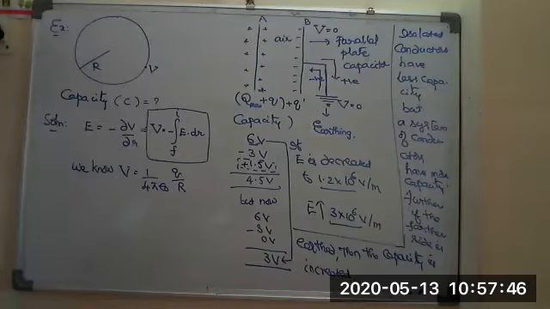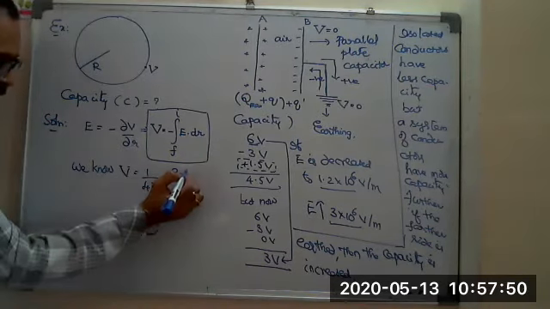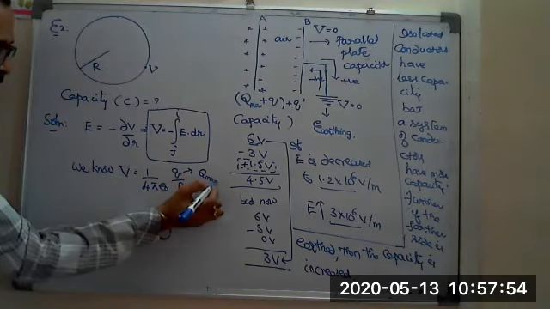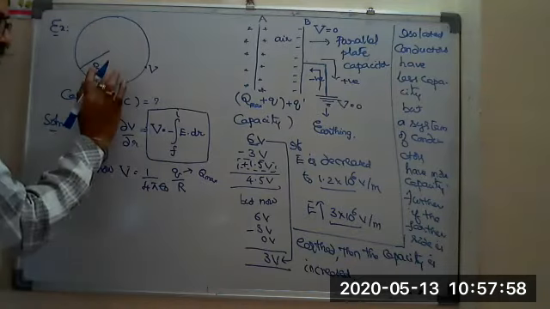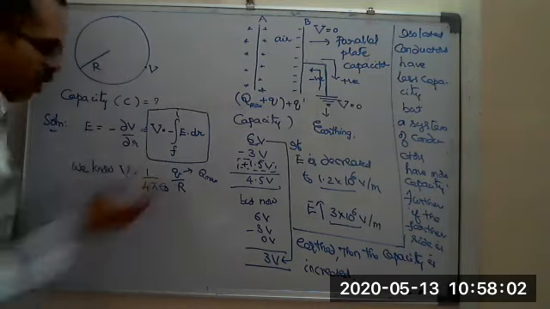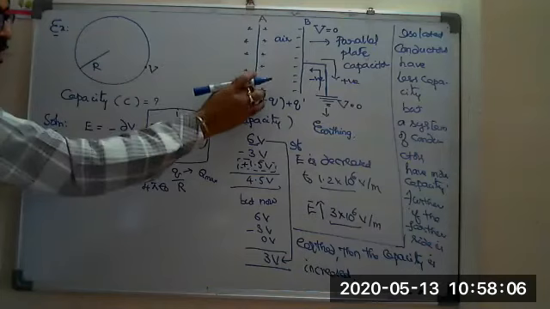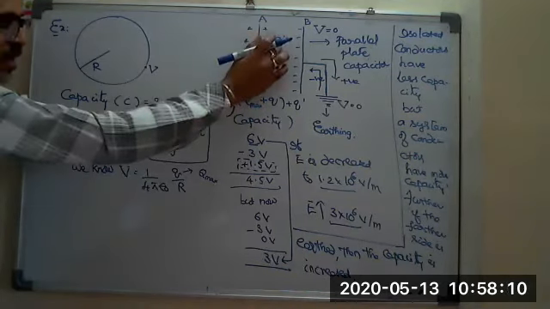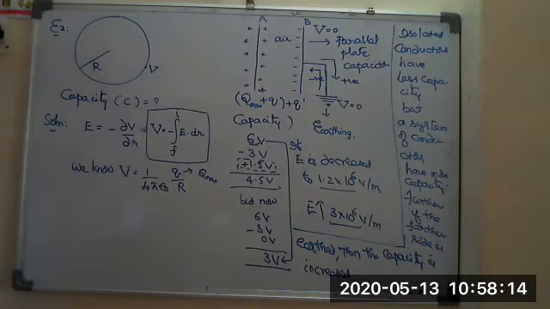In this formula, until you reach the value of Q max, I'm not changing the size of the conductor. That's what I explained previously, here, there, and in all cases. I'm not interested to change the dimensions of the plate A. I'm not interested to change the medium, but I want to increase the capacity.